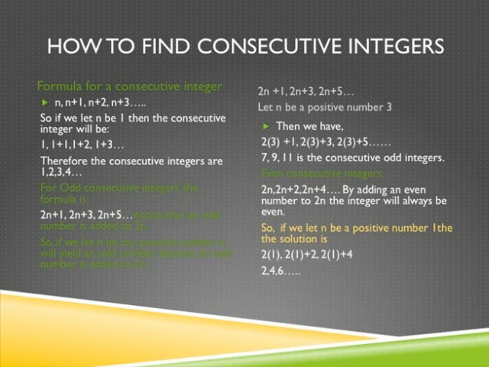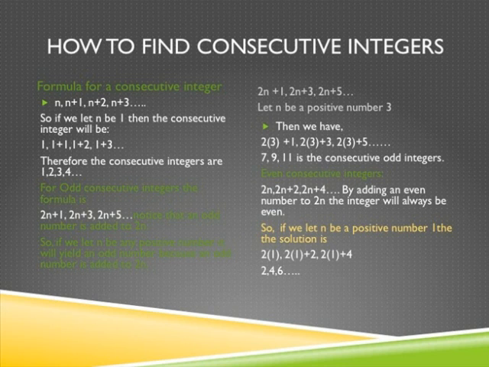Even consecutive integers. The formula is represented by 2n, 2n plus 2, 2n plus 4 for the first, second, and third integers. By adding that even number to 2n, the integer will always be even.